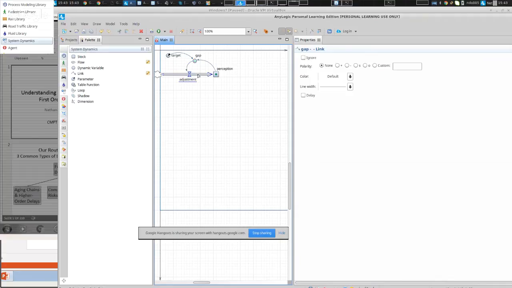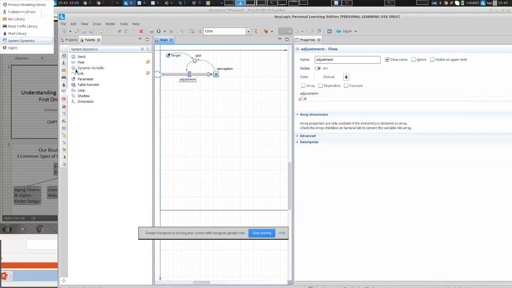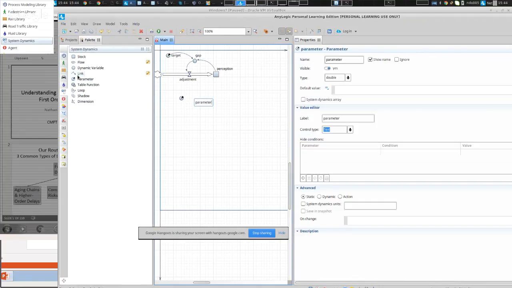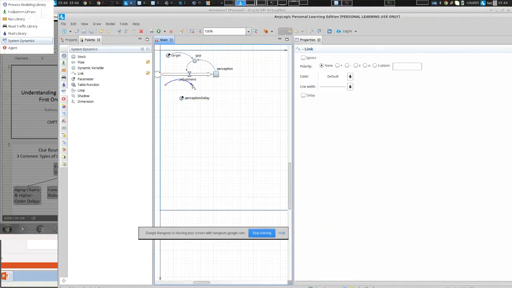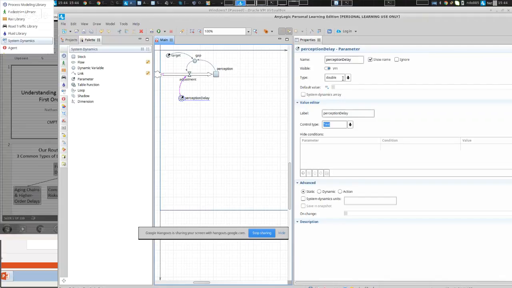So the adjustment is going to be based on the gap, but then it's going to be based on a perception delay. This is going to be the time between when something is the case and how long on average it takes us to perceive it. We're going to make the default value of perception delay be 10. Let's make it 10 time units.